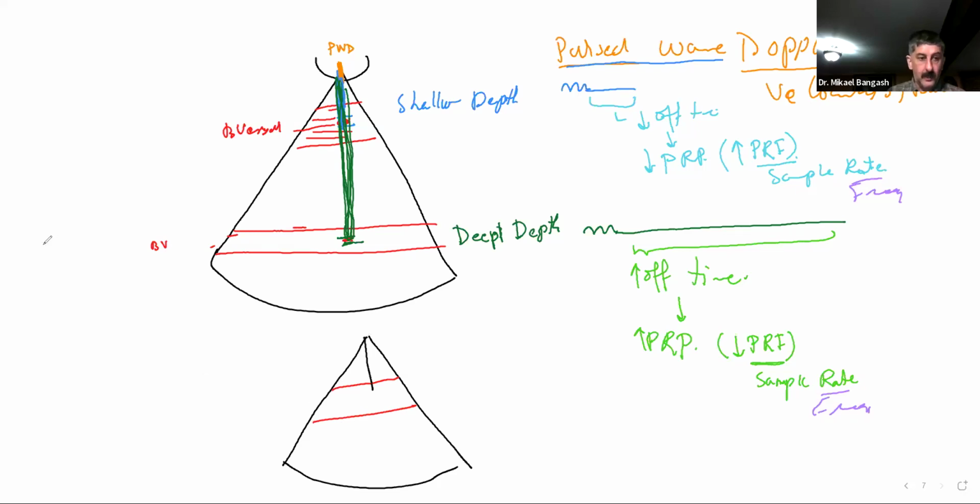So point number one is that the sample volume or the sample gate has to be kept inside the vessel. Clear? So the first point is keep it inside the blood vessel.